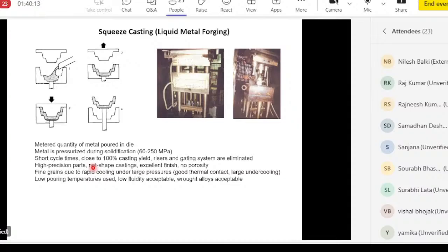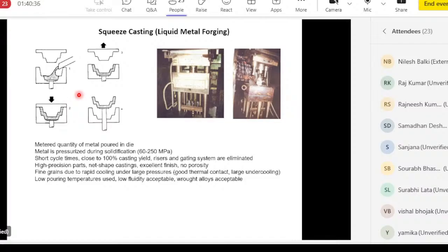You don't need any risers or gates because when you apply pressure, you don't need risers. So the yield is close to 100%. And high precision parts are made and you don't need very high fluidity also because pressure compensates for fluidity of the metal.